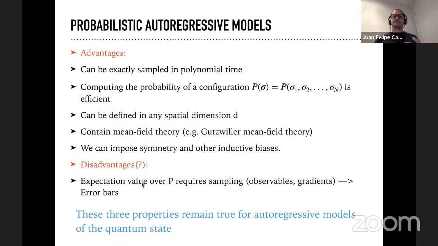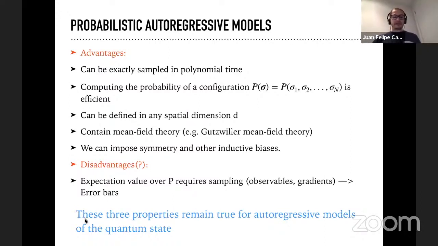I wrote this because usually, for instance, some families of tensor networks have all these advantages and also let you get expectation values in an exact form, without sampling. But in spite of that, these models are very powerful and very useful. I'm going to try to convince you that this is the case.